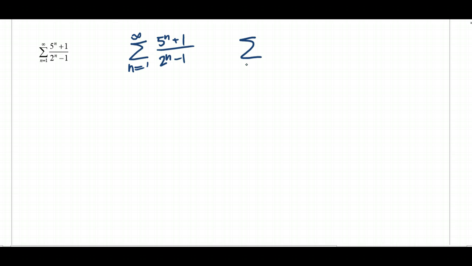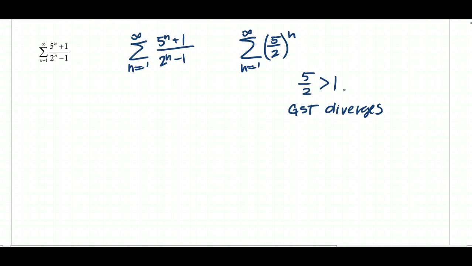We're going to compare that to the sum from n equals 1 to infinity of 5 over 2 as a quantity to the n. So here, 5 over 2 is greater than 1. So by the geometric series test, I know that this thing diverges.